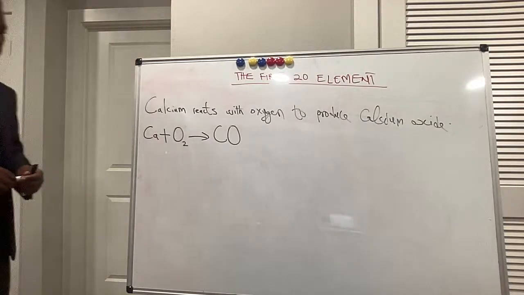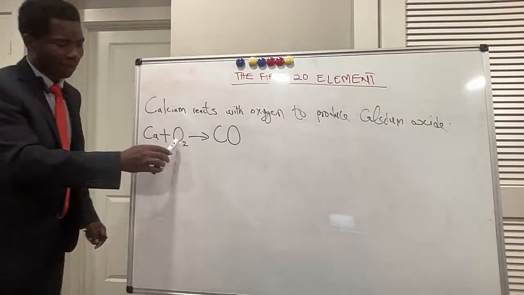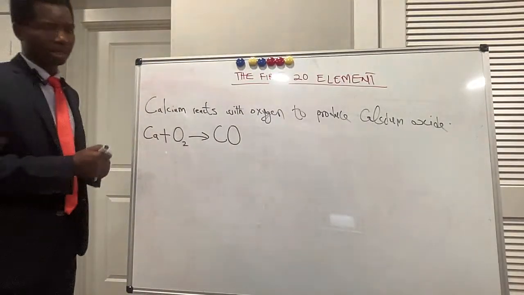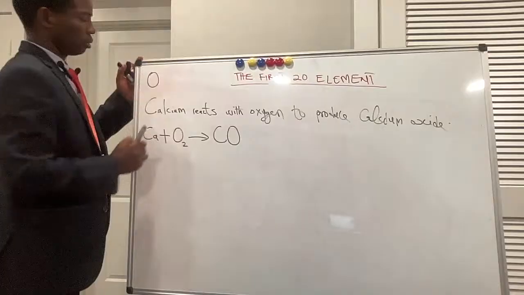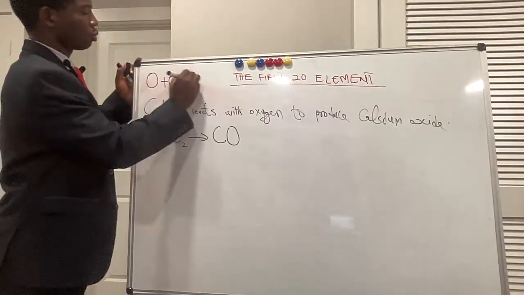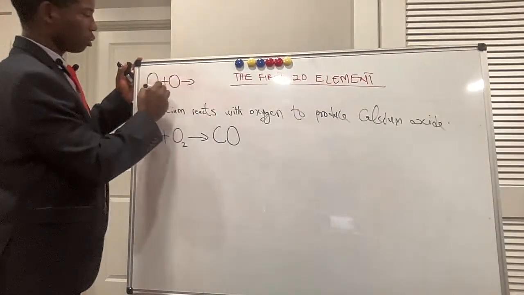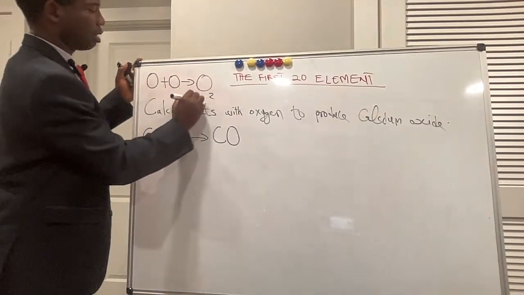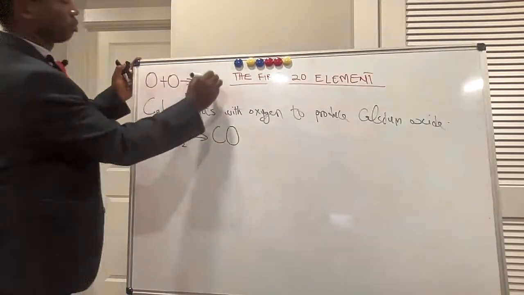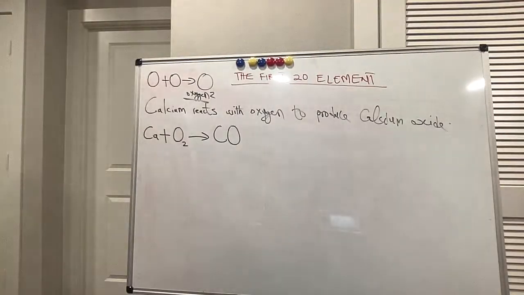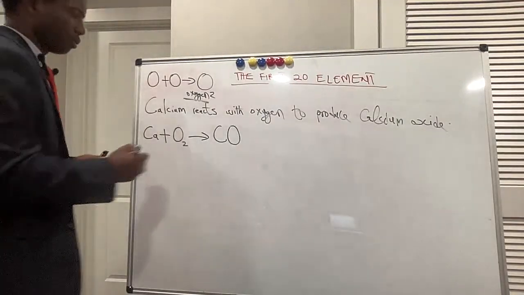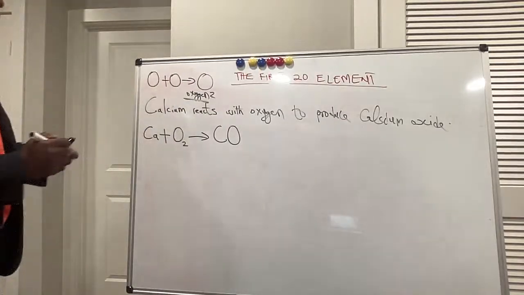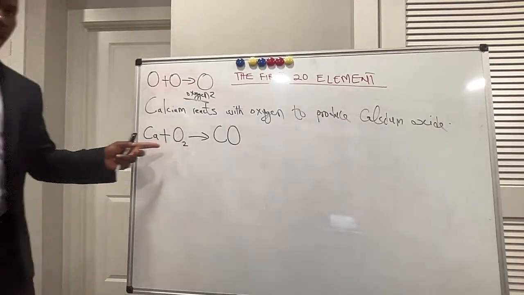Now, before we proceed, what is the type of bond that keeps oxygen together here? Normally, oxygen is not stable as a single atom. This is the normal oxygen. It combines with another oxygen atom to give what? O2. This is the oxygen that is stable. So which type of bond do we have here?